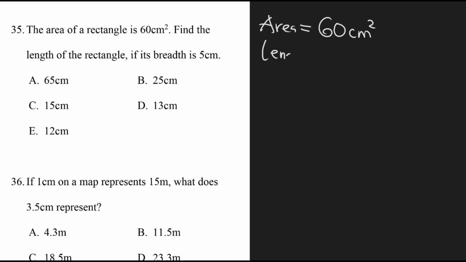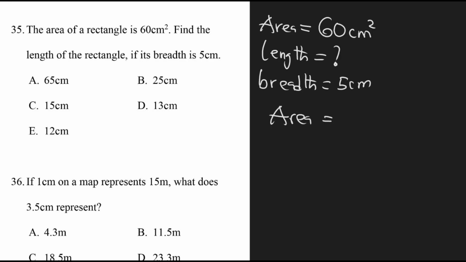So the length is not given and the breadth is given as 5 centimeters. We know that the formula for calculating the area of a rectangle is area is equal to length times what? Breadth, right? So we know that the area has been given as 60 centimeters.